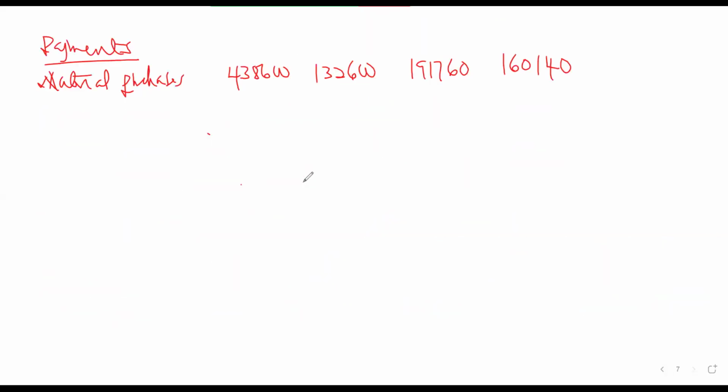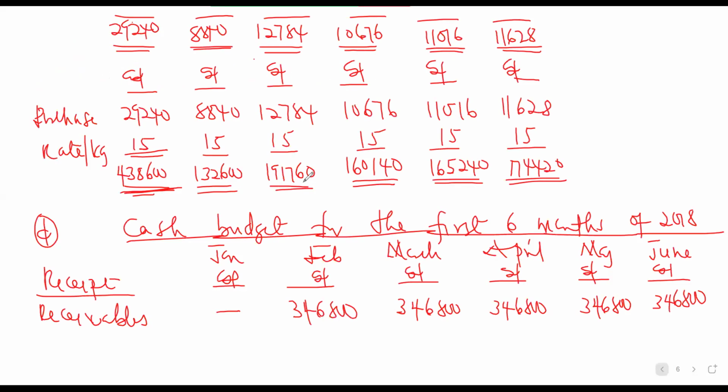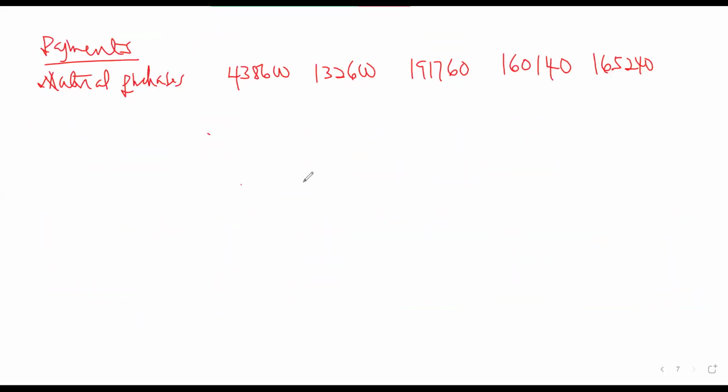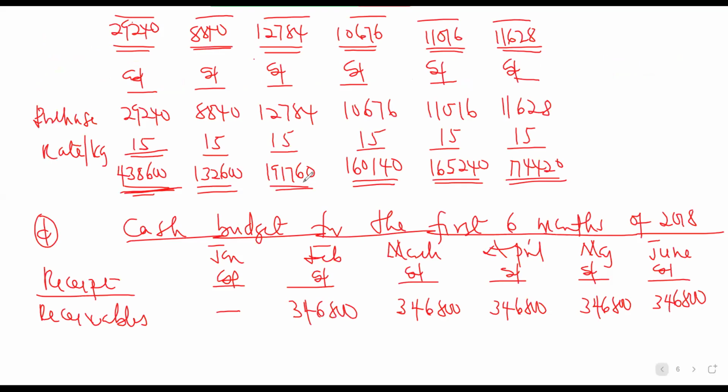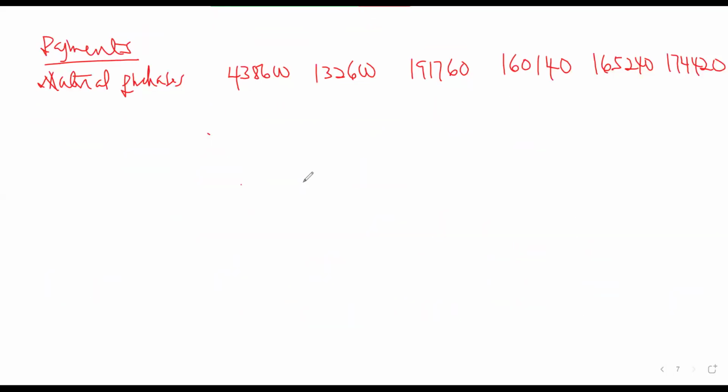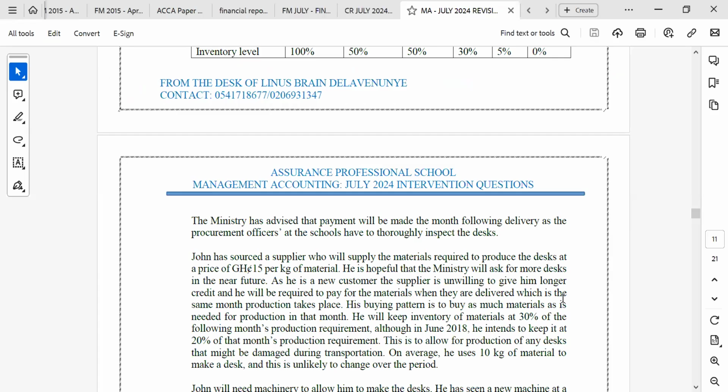Okay, we have 15165 240. and the last one will be 73. 174420. Okay, so you can see that this is not well grouped. Okay, that can be traced to that one. So you pay for the material as they have been acquired. So there is no other issue about that again.